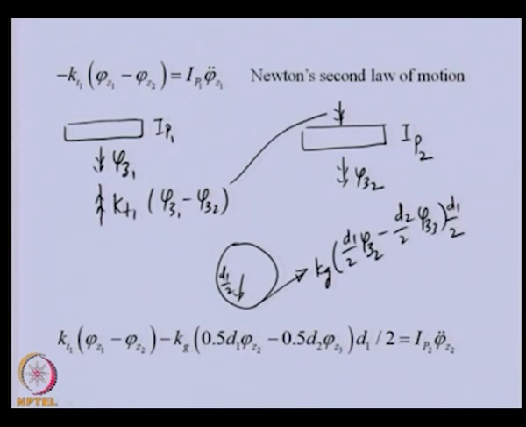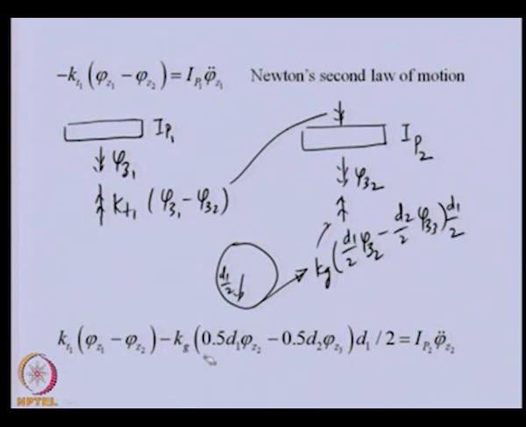This torque will be acting opposite to the angular displacement, and this is the free body diagram we have written here. You can see this is the governing equation, with the torque in the positive direction.